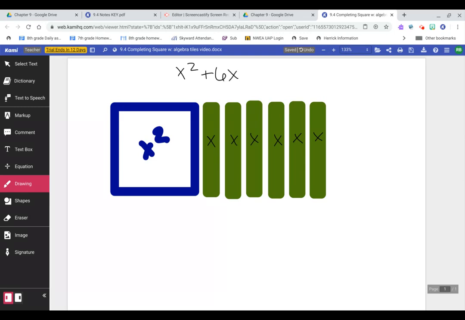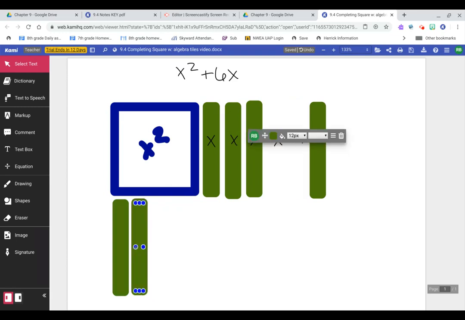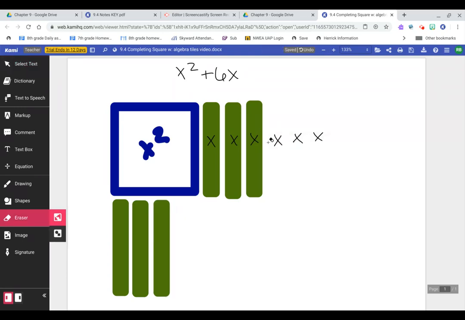So when they call it completing the square, I want to take these algebra tiles and make them into a square. Right now, when they're lined up, it looks like this rectangle. But what if we manipulate these and move them? Let's move this here. This didn't make it look exactly like a square, unfortunately.